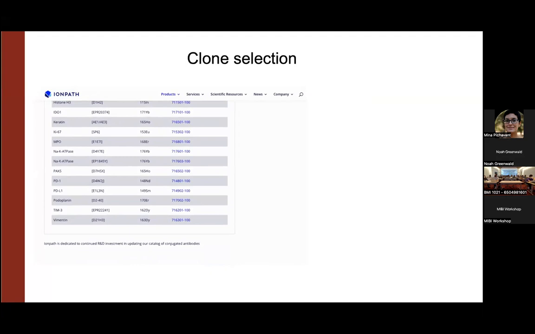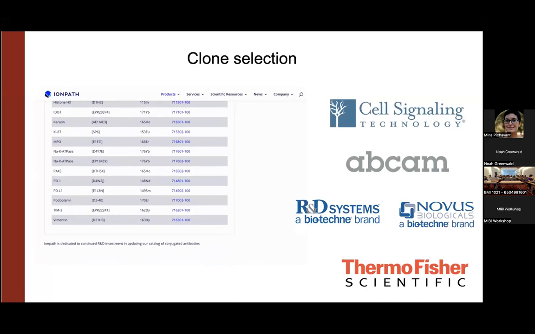These antibodies have been community validated, and we know they work, although IONpath doesn't officially offer them as part of their catalog. The other vendors we go with, if we cannot find these antibodies with IONpath, are Cell Signaling, Abcam, R&D, Novus, and Thermo. We found that these vendors typically work really well with the MIBI pipeline.